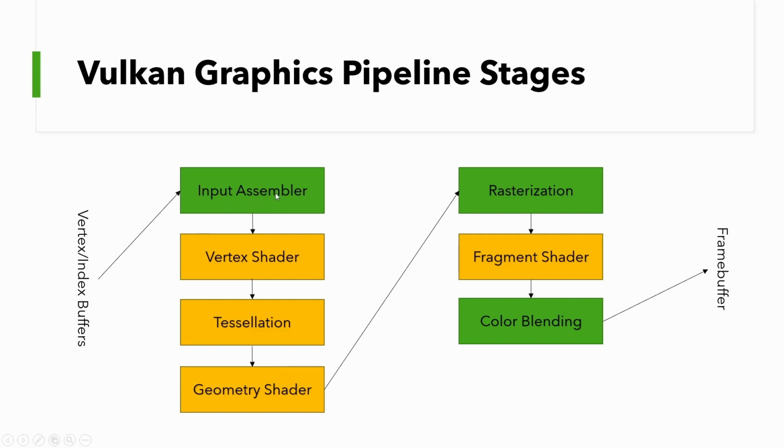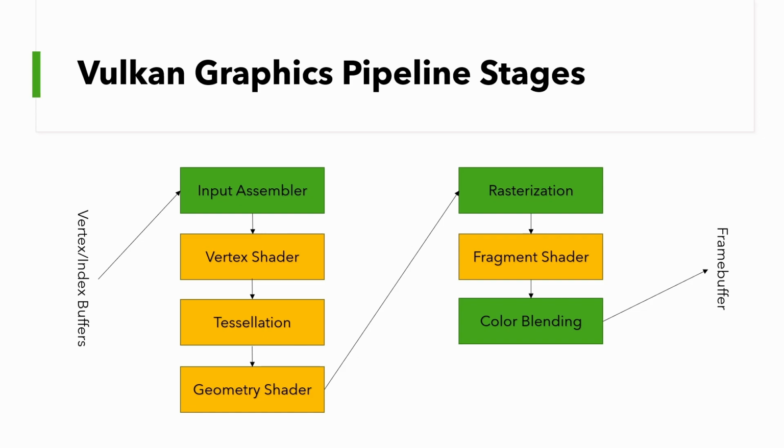After that, we have something called the input assembler. The input assembler is basically a process that collects the raw vertex data from the buffers that you specify, so the index and vertex buffers. Sometimes the index buffer is used, sometimes it is not, and that's basically to allow us to reuse the same vertex data over and over again. Again, that is something I'll get into in a bit.